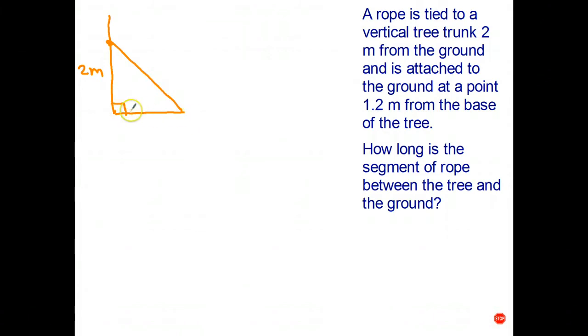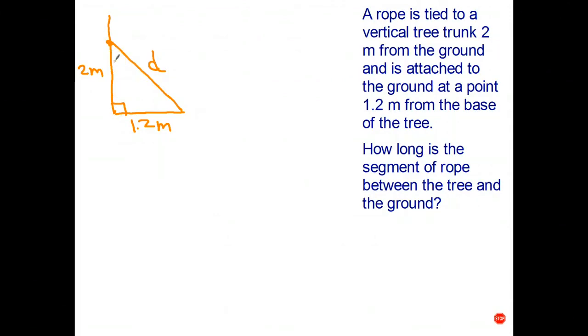We're assuming the ground is horizontal, and that's attached 1.2 meters from the base of the tree. And the question is, how long is that segment of rope? So I won't use an L for that. It looks too much like a 1, so I'll just use D for distance. And there's the diagram. And we didn't actually have to have that little segment on the top, but that's the whole tree, so I decided to leave it in.